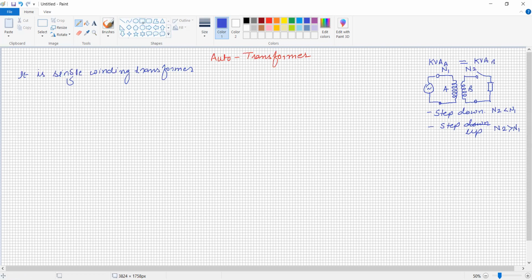Whereas in the single winding transformer, there is a single winding. The primary winding is connected with the source.